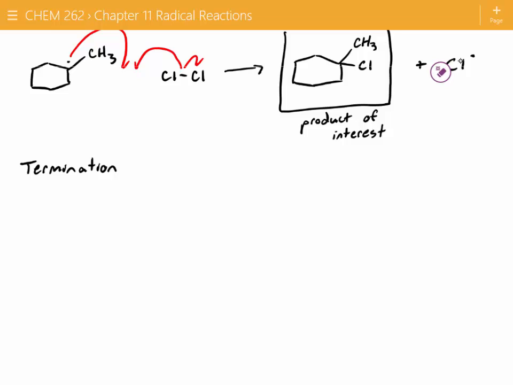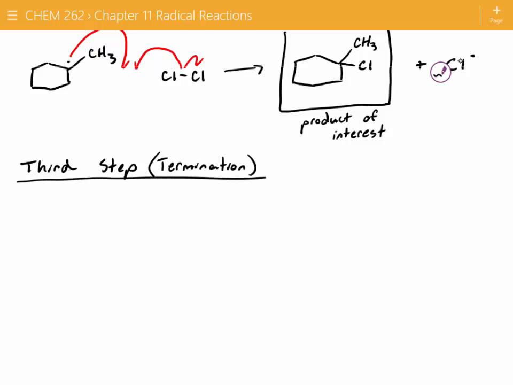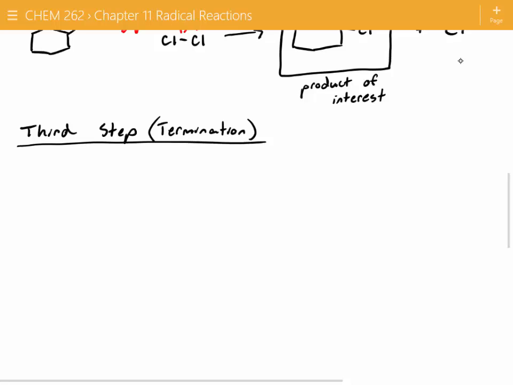Oops, sorry, this should be third step. Third step is termination. And there's 3 different options for termination. When you draw the mechanism out, you can choose any 3 of these options.